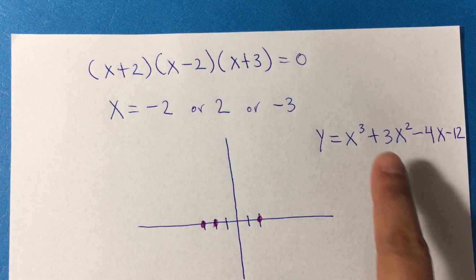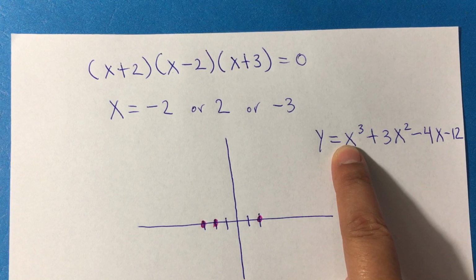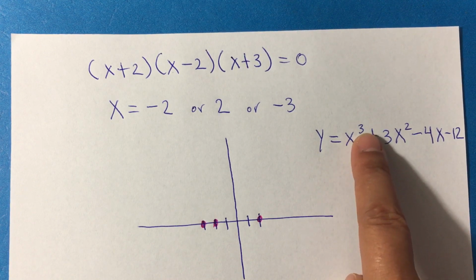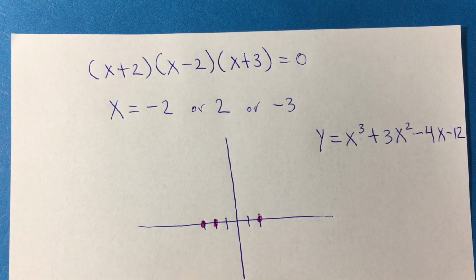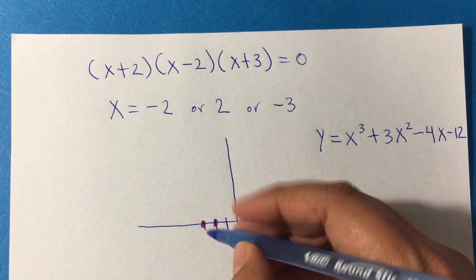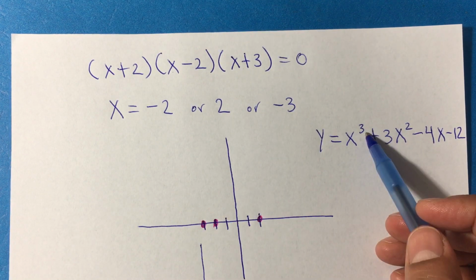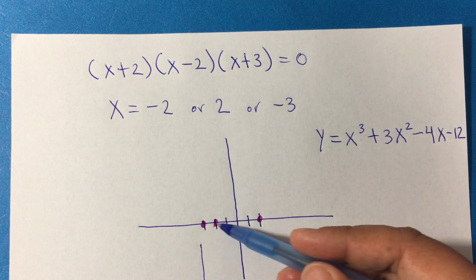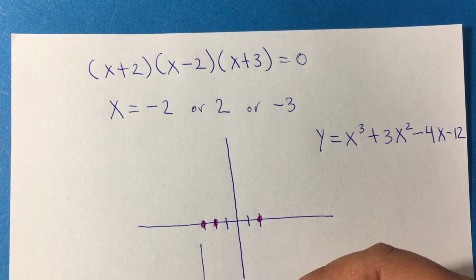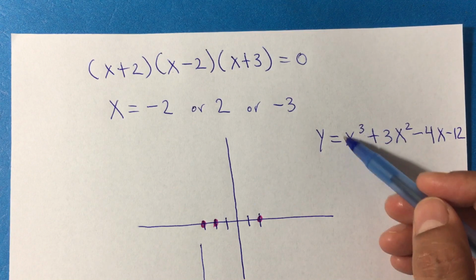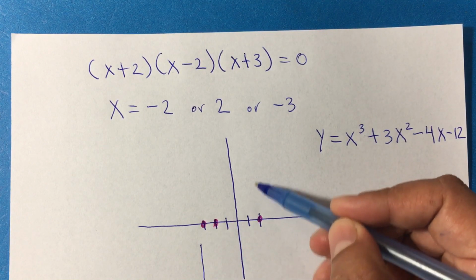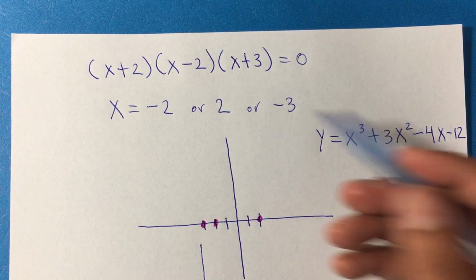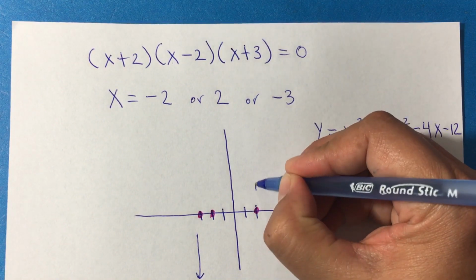Okay, and so again, it's positive, but it's odd. So down on the left, try to remember, if it's odd, it's going to be going one down, one up. Because it's positive, the slope is going to be positive. So that means that this is going to go up.